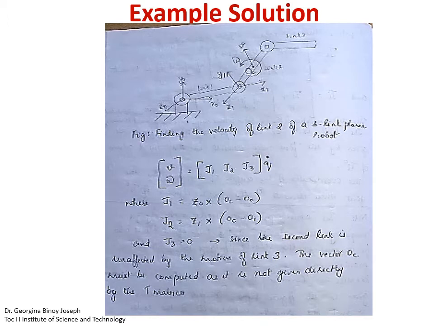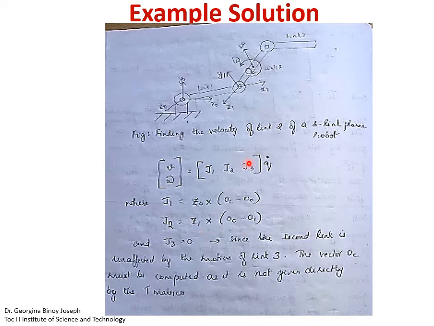So we look at J1. J1 is associated with a revolute joint, so Zi minus 1 cross On minus Oi minus 1. Now as J1, i is 1, so Z0 cross On, and let me call On as OC, the center over here, minus Oi minus 1, which is 1 minus 1, that is O0. Alright. So J2 is equal to Z1 cross OC minus O1.